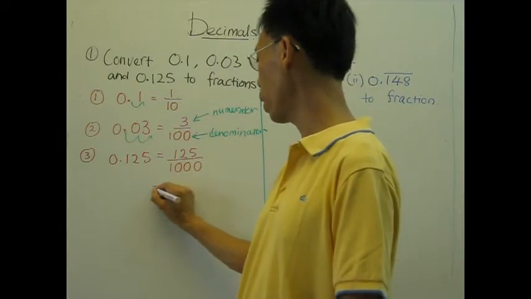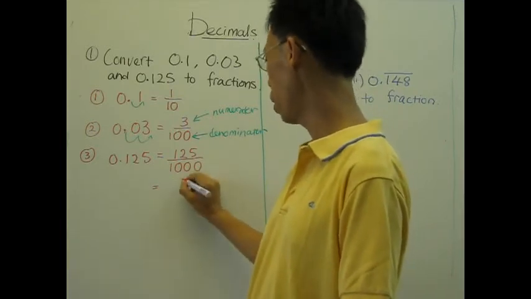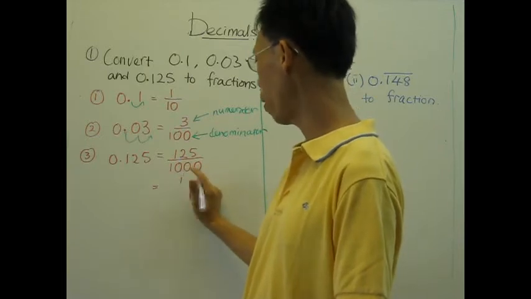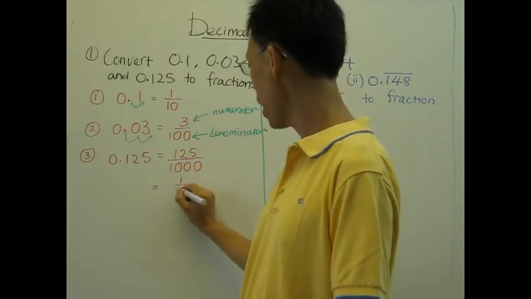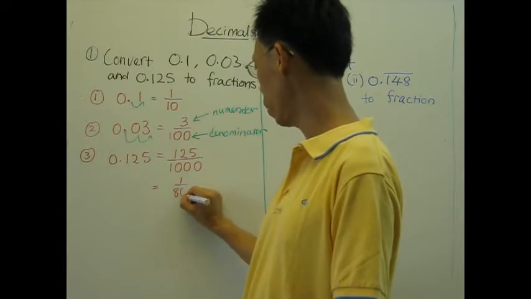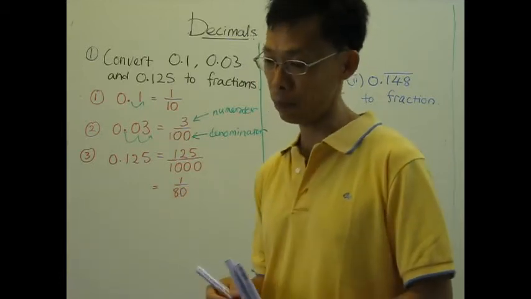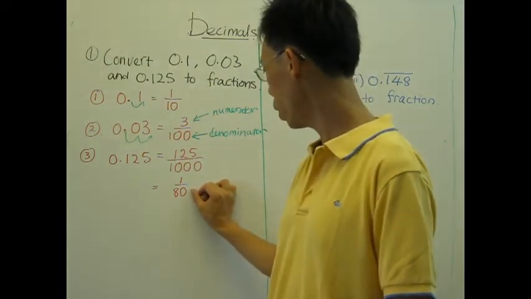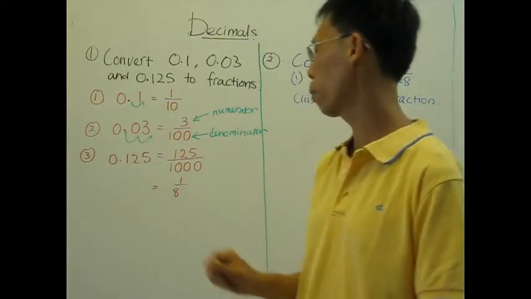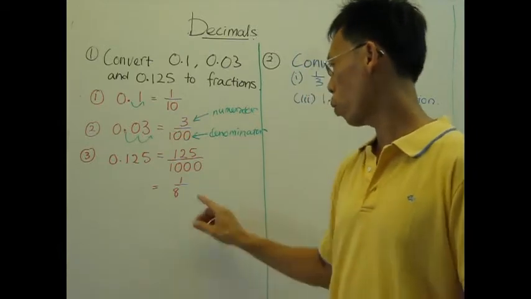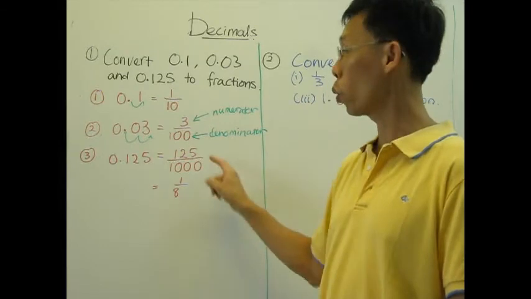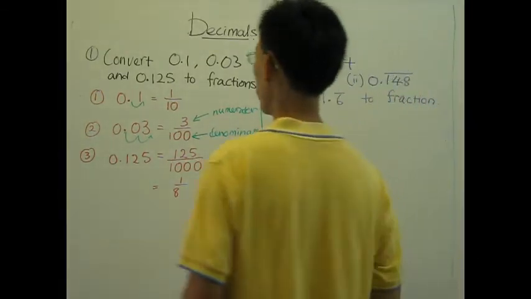If you want to simplify this, 125 over 1,000, sorry, is that 1 over 8? Okay, 1 over 8. Yeah, 1 over 8, that's the answer here. So this is a fraction.